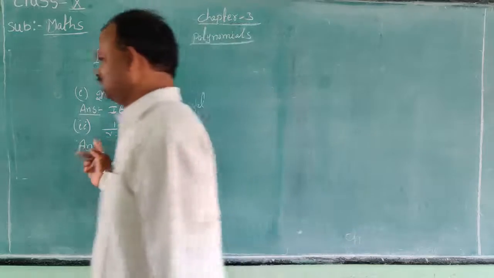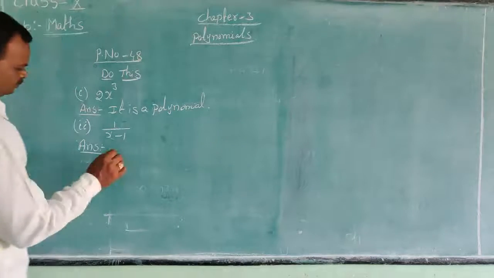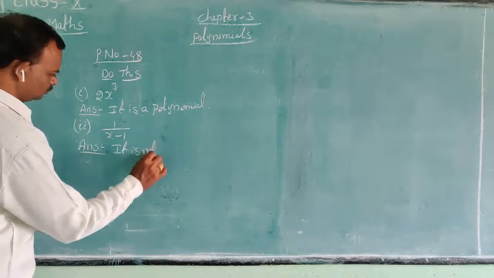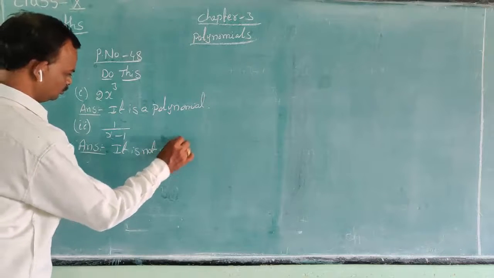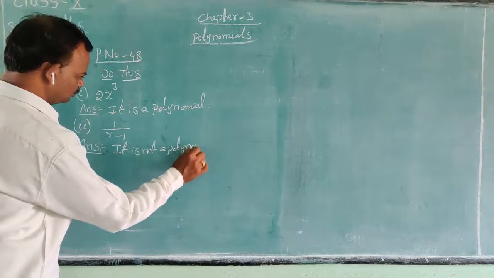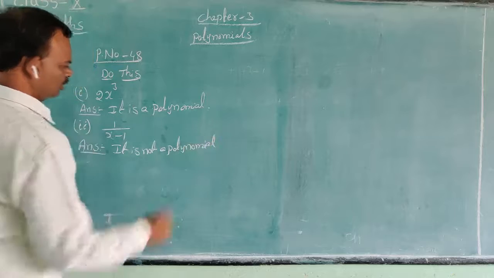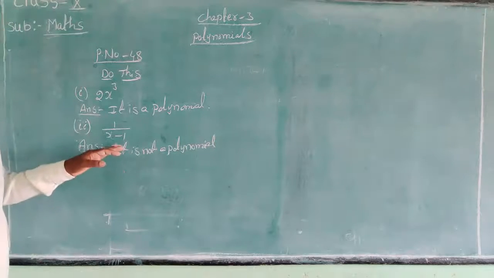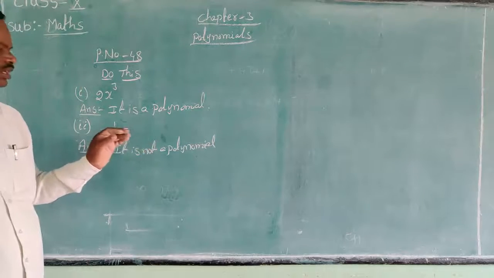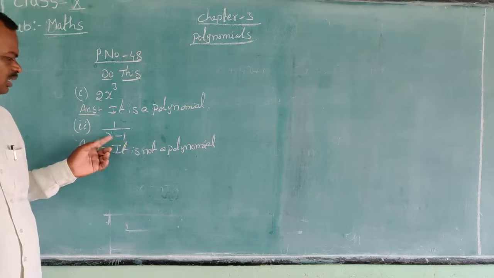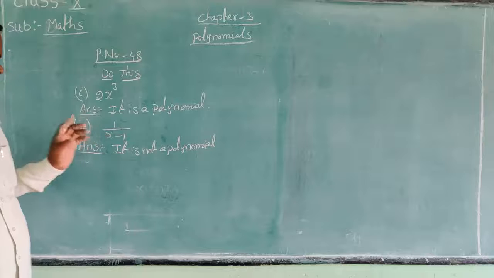In a polynomial the exponents are non-negative. Here the exponents are negative.